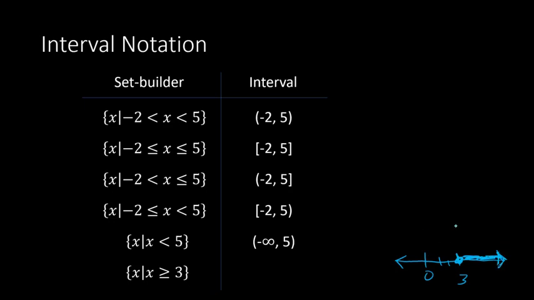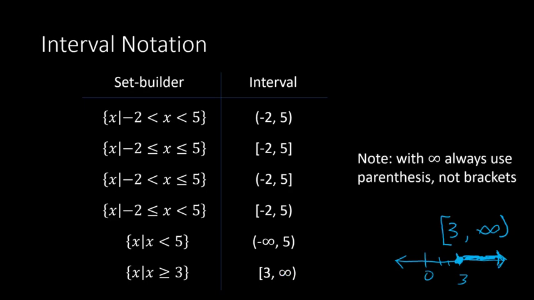All right, so we start at 3, and we're going all the way on to infinity in the positive direction. So it's going to keep going on forever. So with it going on forever, we put a parentheses around. And then here, because it stops at 3, we put a bracket over on that side. So in interval notation, we have this as 3, and then all the way to infinity.